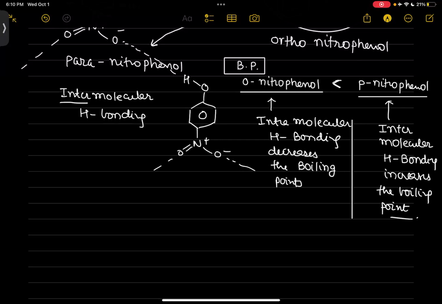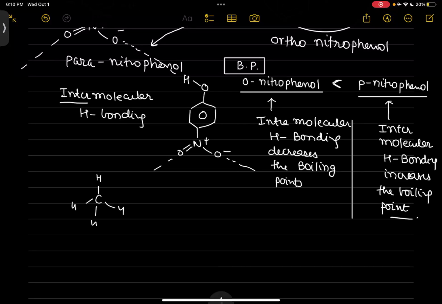Yes. Okay, like methane. Can methane participate in hydrogen bonding? Is carbon sufficiently electronegative? Carbon is not sufficiently electronegative. Got it? So, how will you remember?